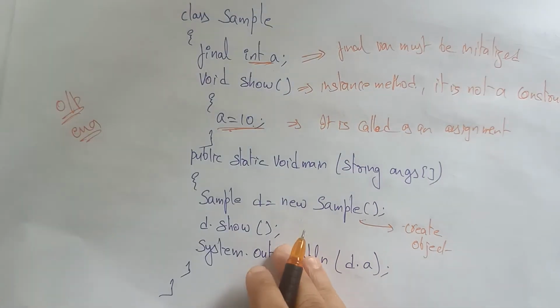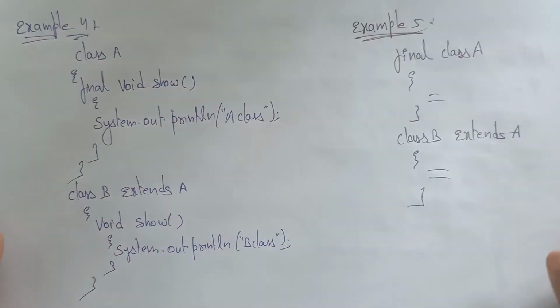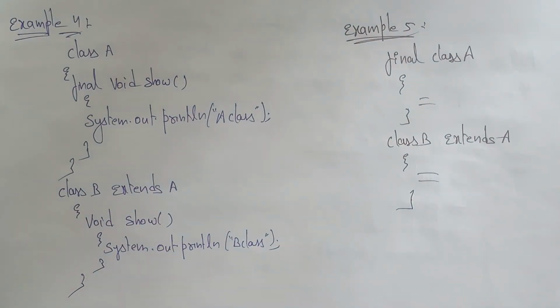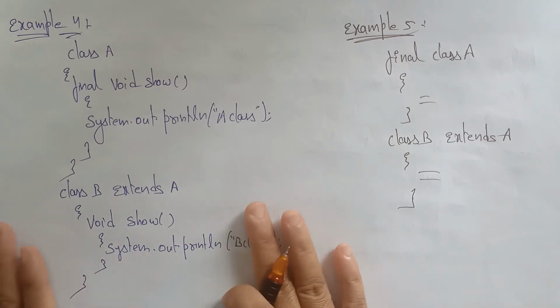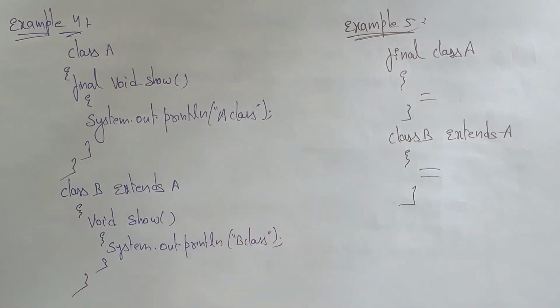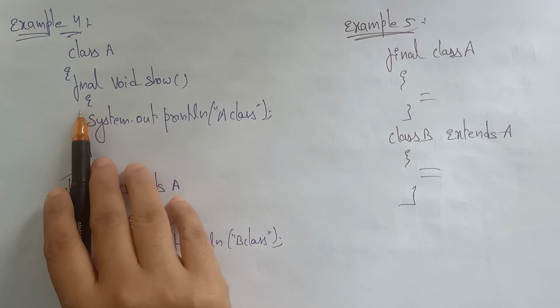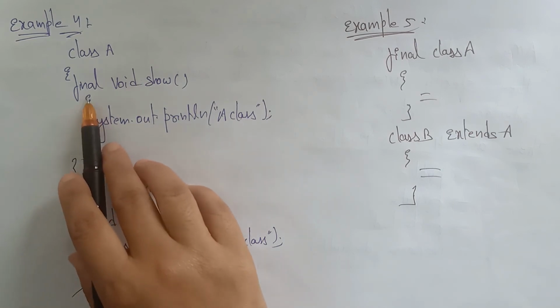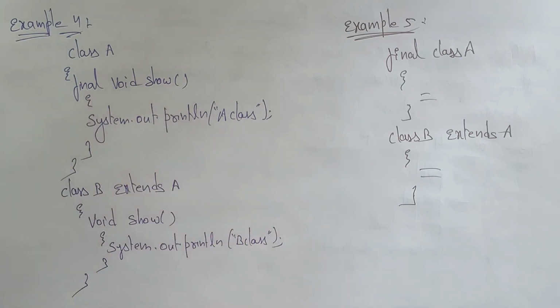So let's see one more program. Okay, let's observe example 4. Does my program execute? Here, instead of a variable, before the method I have declared final.